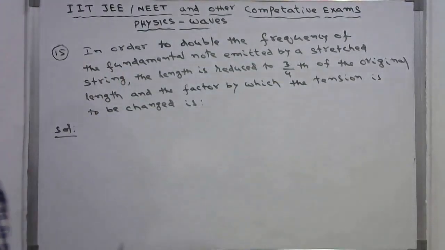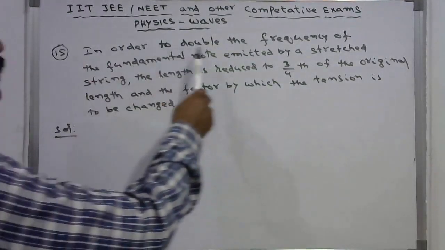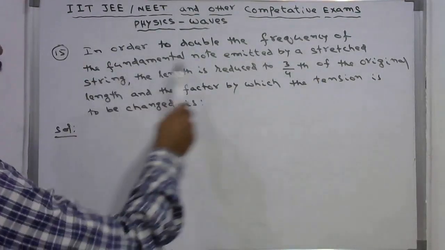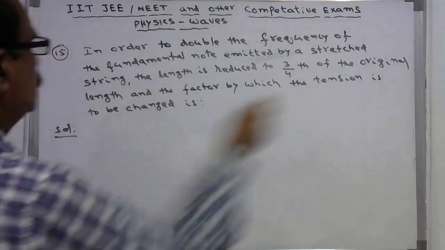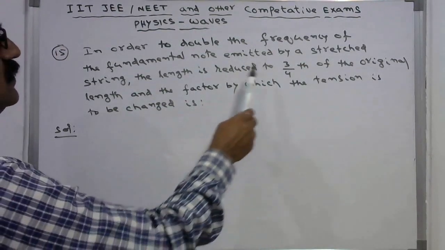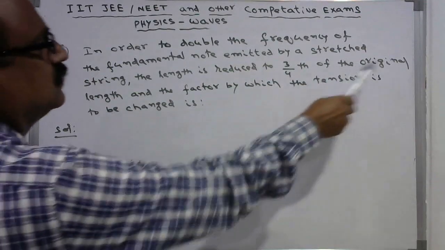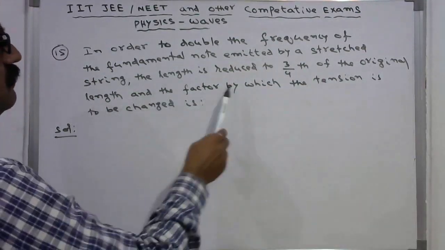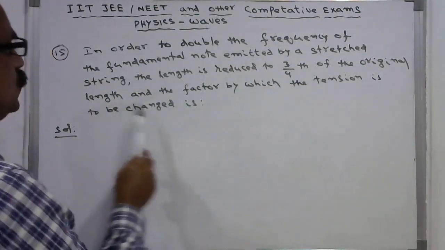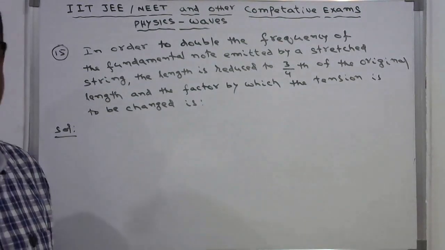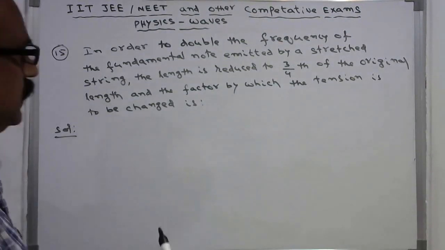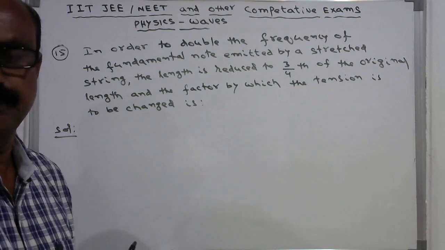See, in this problem, in order to double the frequency of the fundamental note emitted by a stretched string, the length is reduced to 3/4 of the original length, and we need the factor by which the tension is to be changed. So we have to find the ratio of the tensions.